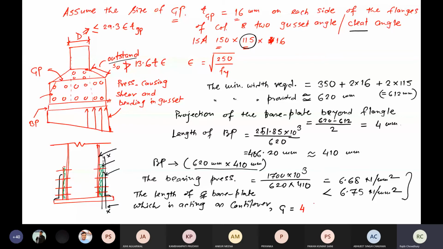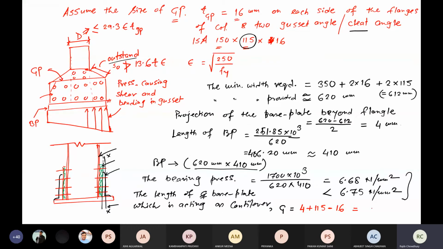So the length of the base plate which is acting as a cantilever is 4, plus, from where your cantilever portion is going to start, 115, that means one of the legs of the angle, minus the 16 thickness.